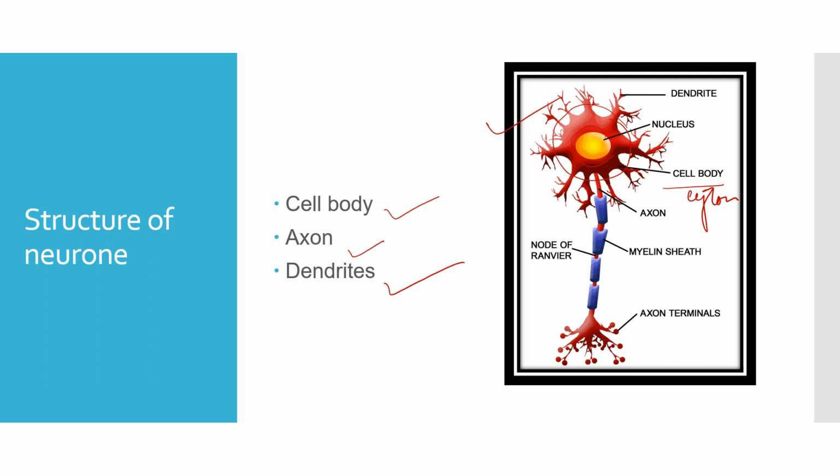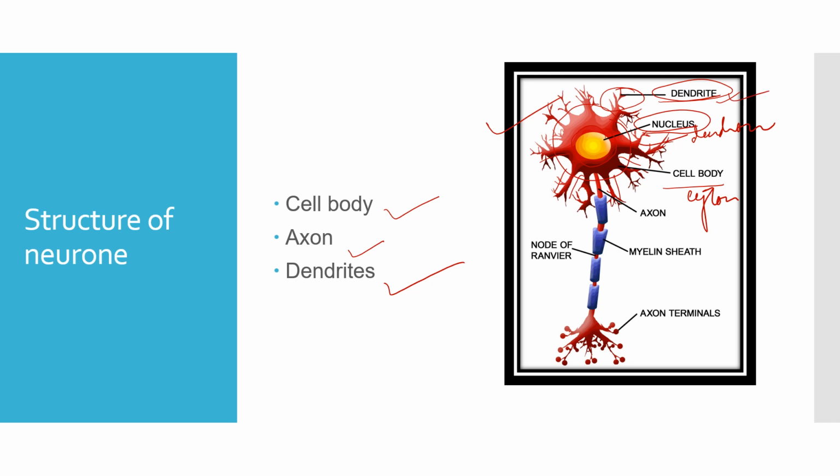Many short fibers called dendrons arise from the cell body, which further divide into branches. First these branches are called dendrons, and from them several sub branches divide, which are called dendrites.